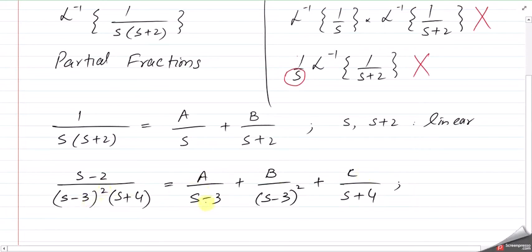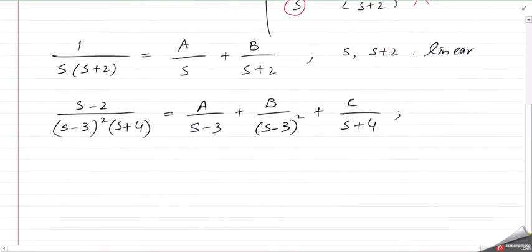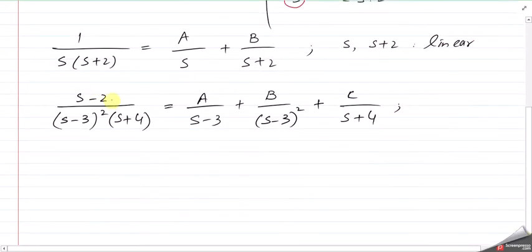So a over s minus 3, then b over s minus 3 square, plus c over s plus 4. As you can observe, s minus 2 does not participate when we write this step. It will participate later.